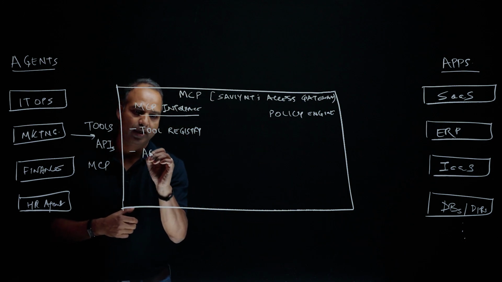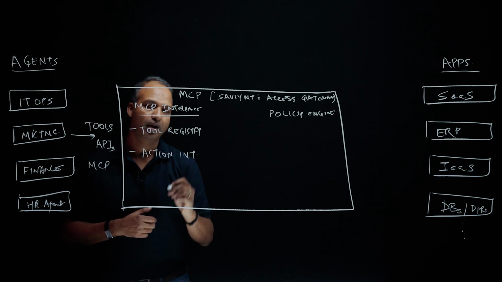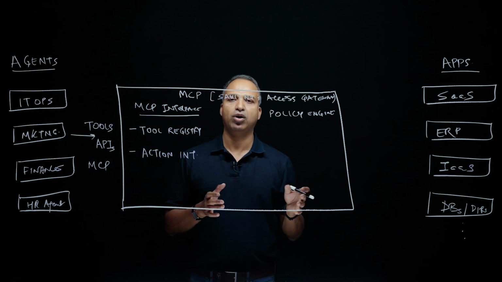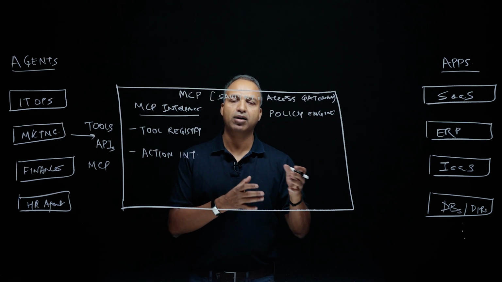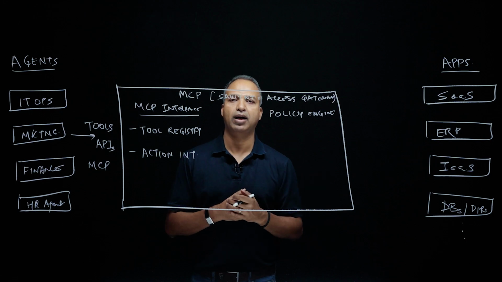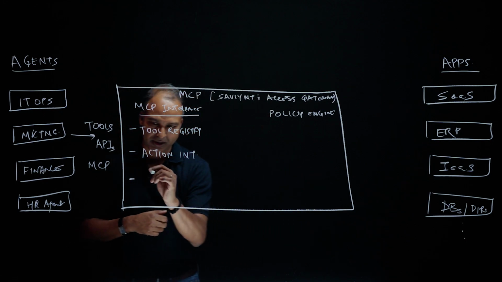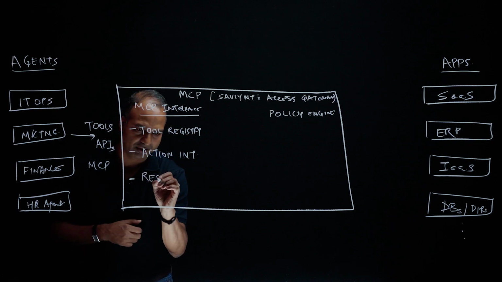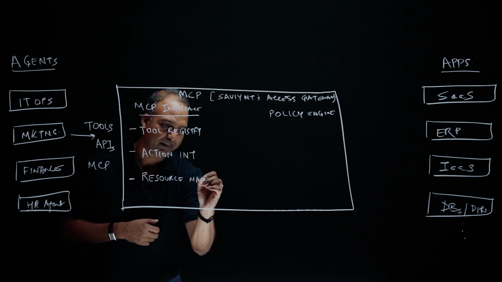Number two are your action interceptors. Every tool call by the agent to an underlying application gets mapped to an underlying API call for that application as well. And last but not the least is your resource mapping, which also plays a very important role.